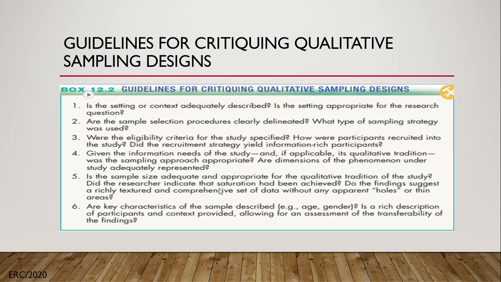Okay, are the key characteristics of the sample described, like the age or the gender, or is a rich description of the participants and context provided, allowing for an assessment of the transferability of the findings? Okay, that is the guidelines for critiquing the qualitative sampling designs.